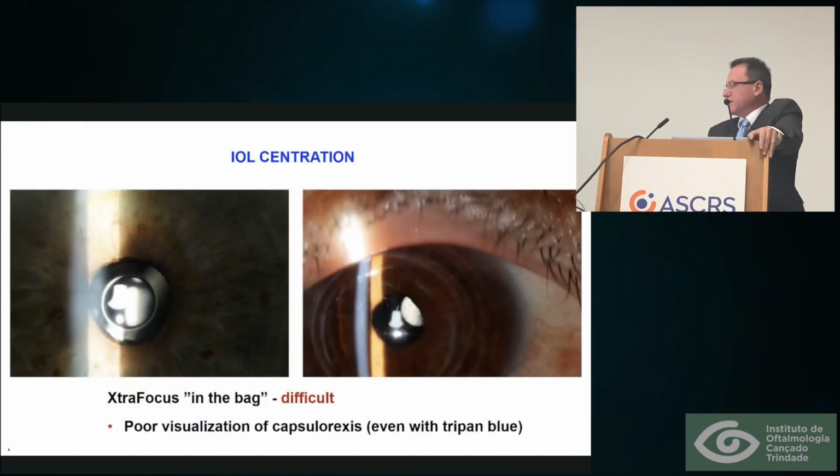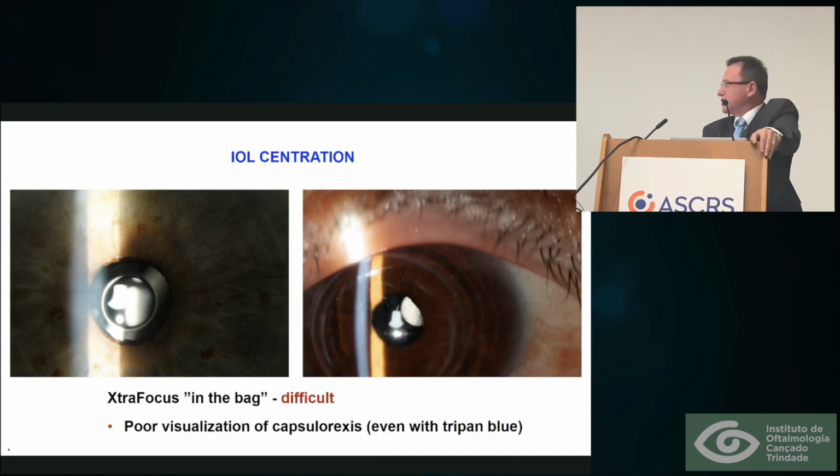So one problem we can have is the extra focus decentration. Of course, this on the left is what you want, but sometimes you have this type of dislocation and you have to go back to the OR and try to recenter the lens. We might try to implant the extra focus always in the bag, but it's not always possible.